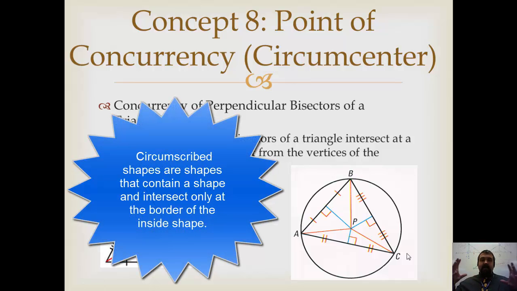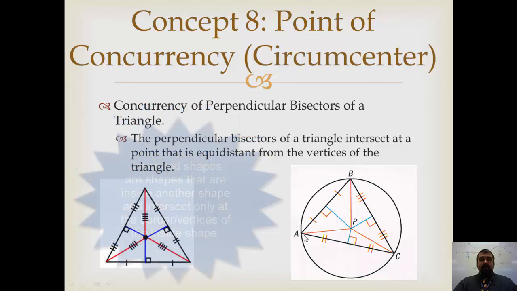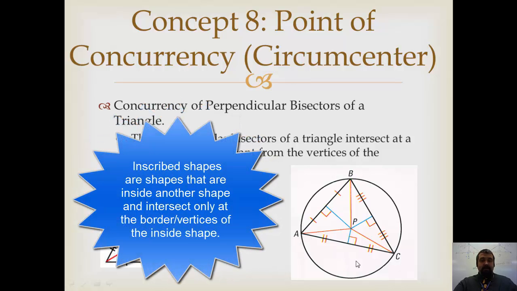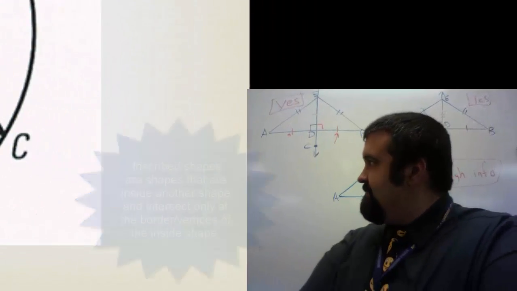It's completely on the outside of the triangle, but intersects only at the vertices of the triangle. You could also say this triangle is inscribed, just like the circle is circumscribed. But yeah, I've got a neat demonstration behind me, so let's see it.